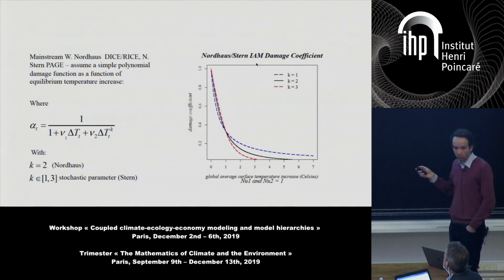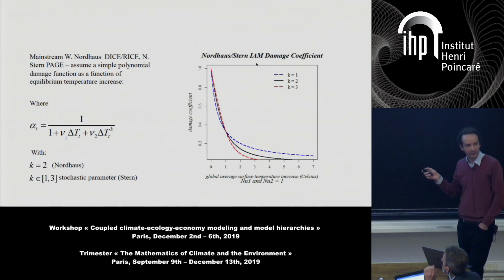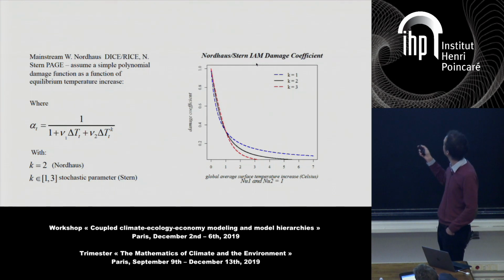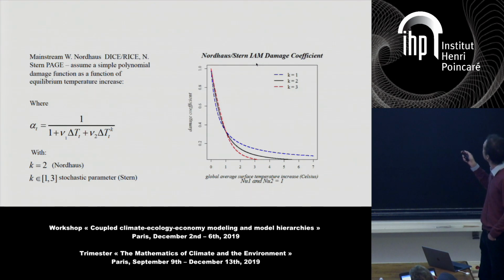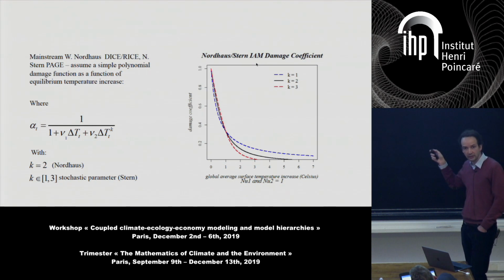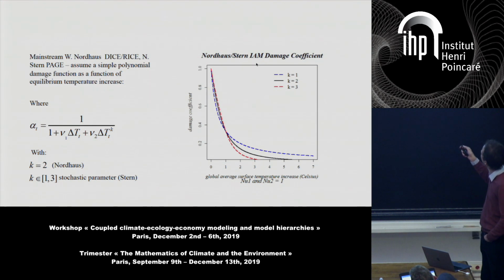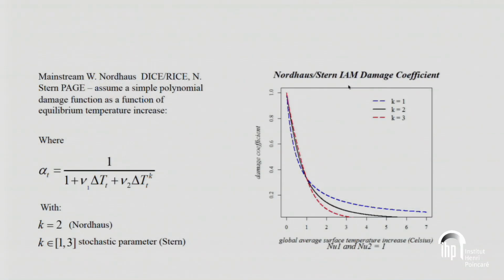An important feature of these damage functions is that they don't allow for fat tails. So you see, as the temperature increases, you have an exponentially decreasing erosion of the economy until it reaches zero.